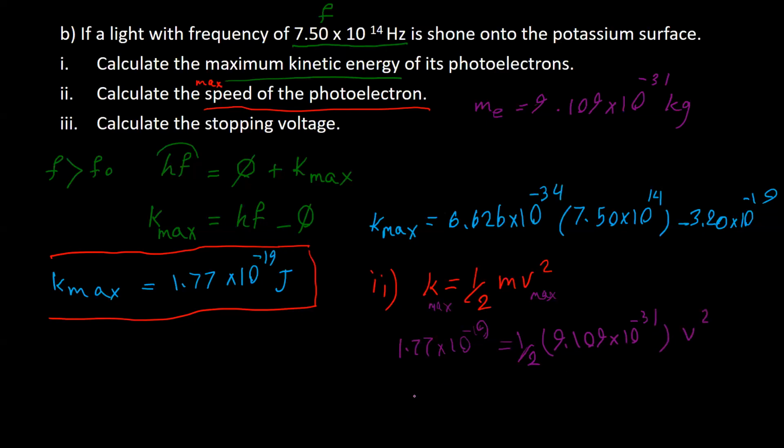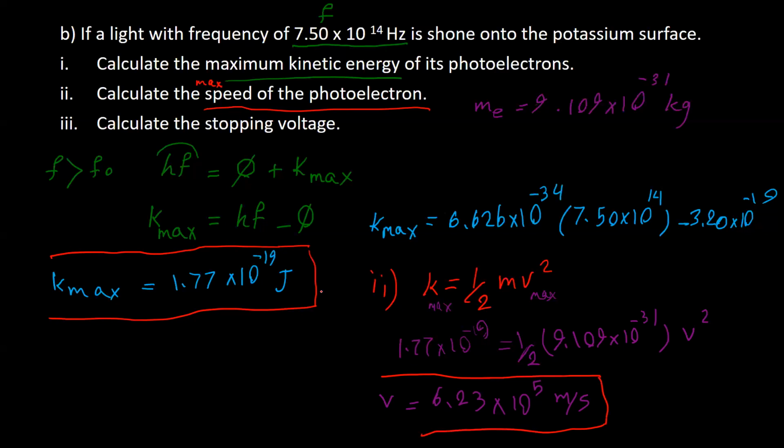If you put it in your calculator, you see v equals 6.23 times 10 to the power of 5 meters per second. Okay.